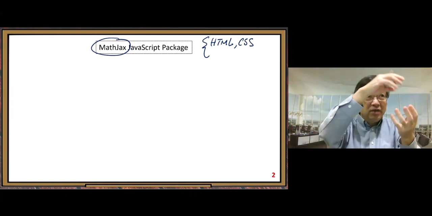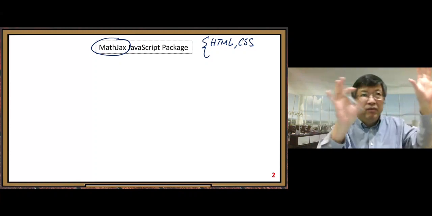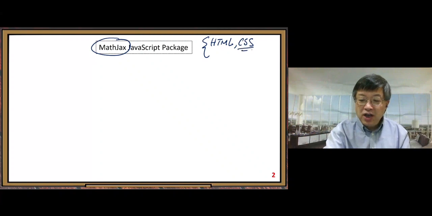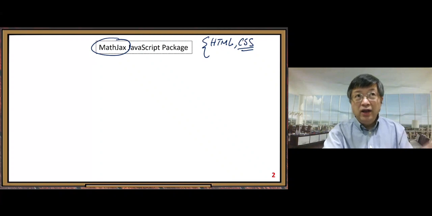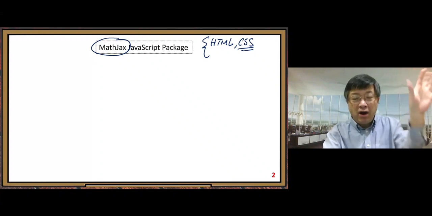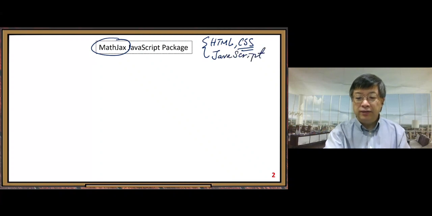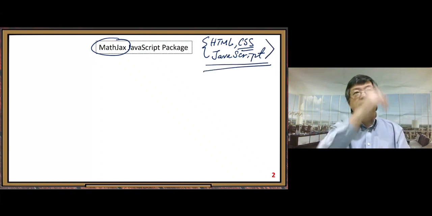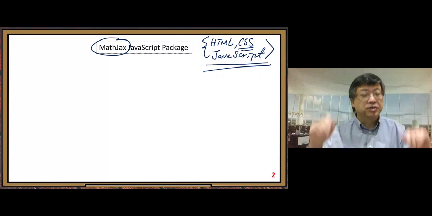There is a nice arrangement of different symbols in different locations, so you need CSS to put them in different positions. And to manipulate different parts, JavaScript. Basically, that package uses these basic web technologies to render the complicated math symbols.